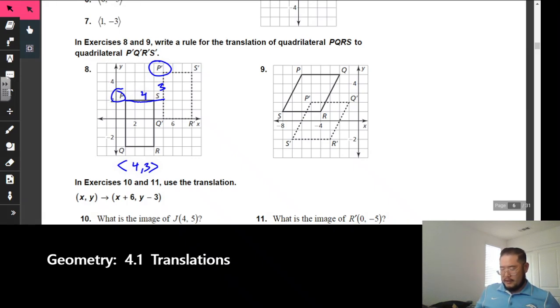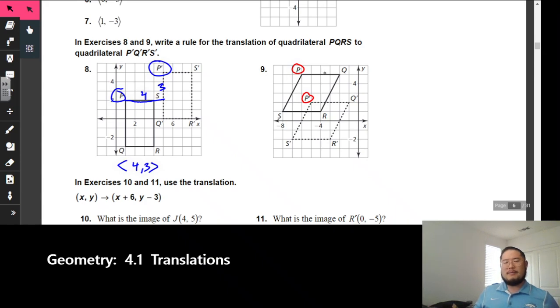All right, if we take a look at number 9, we'll start with P, going to P prime. Looks like we go down 1, 2, 3 units. So I could put -3, and then it went 1 unit to the right, 1. Actually, I must be tired at this time of the day.